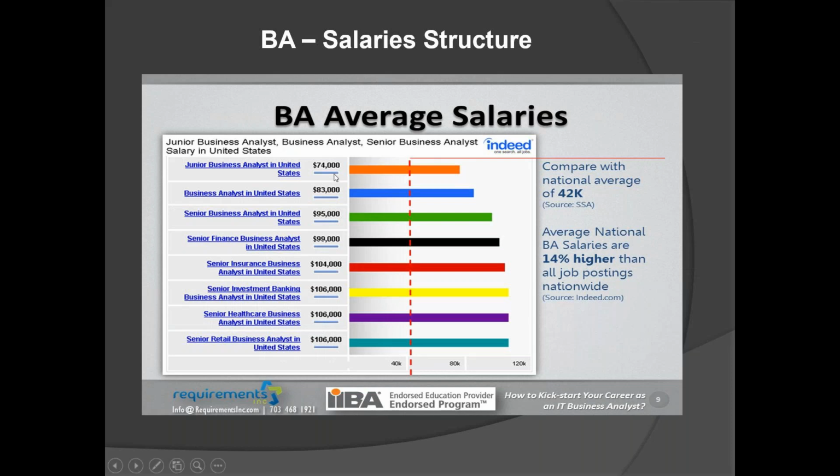These are the figures given by Indeed. Indeed is a leading job portal worldwide.